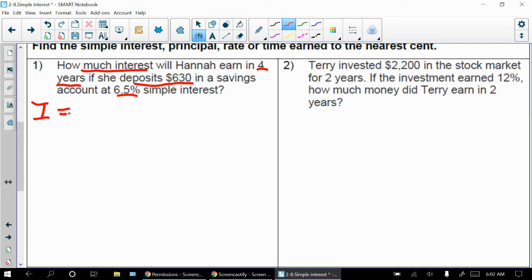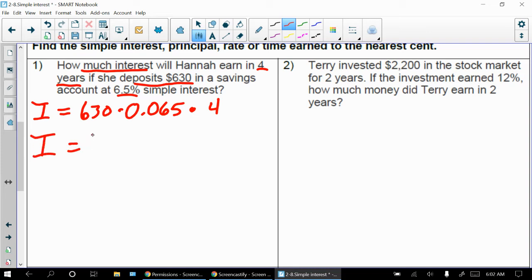So that's how I know I'm looking at my I. We have 630 times, turn into a decimal, 0.065 times 4. And then you can just put that straight into the calculator as it is. Just make sure you double check that you're typing it correctly. I've seen kids rush and make little errors that they didn't put it in correctly.